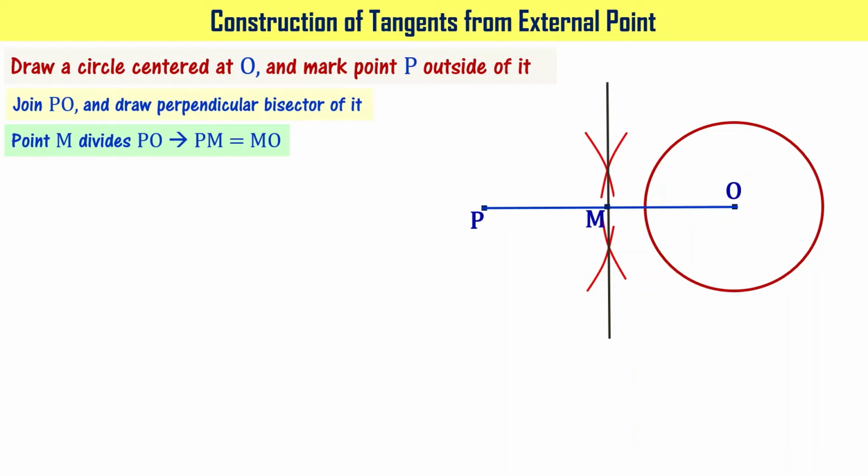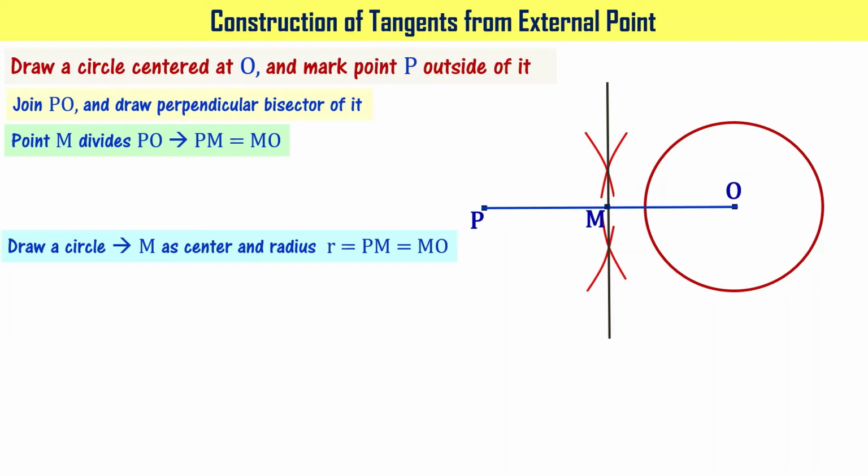Please note this. What I'm going to do now is I draw a circle by keeping M as the center of the circle and radius of the circle as equal to either PM or OM or MO, right?